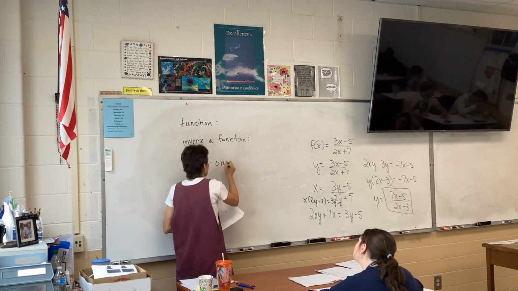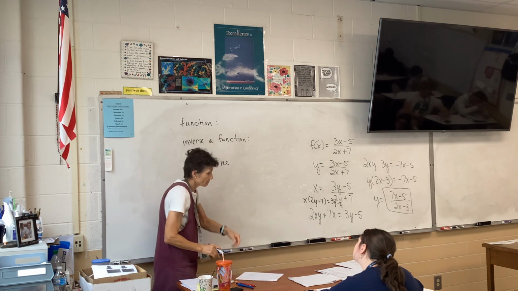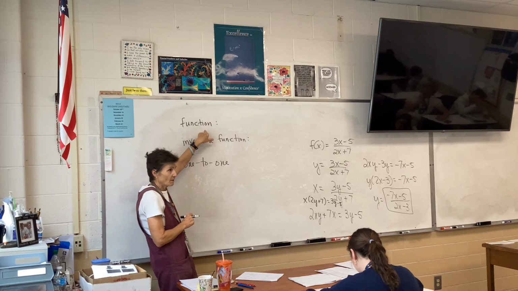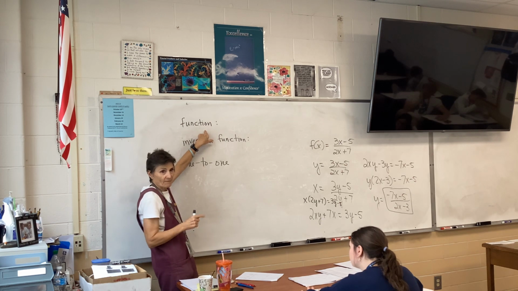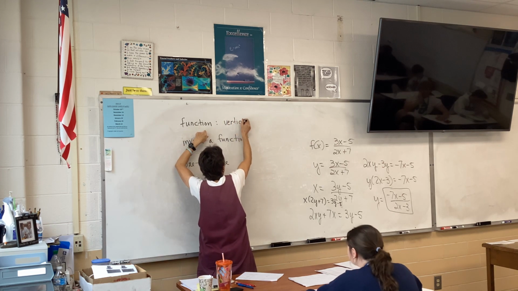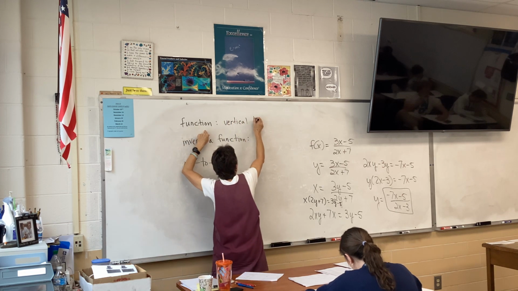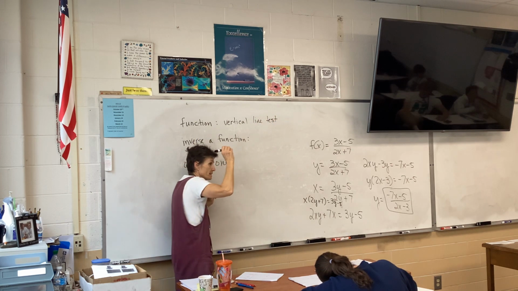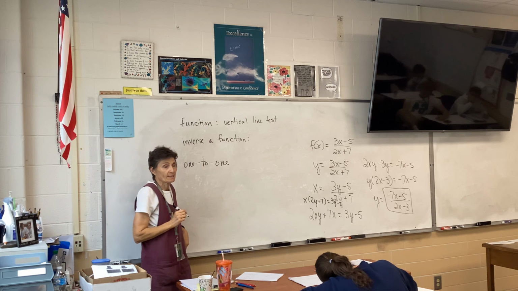So, let's make a little note. You already know how to tell if something is a function or not. How do you tell if that picture is a function? Vertical line test. So to tell if the original is a function, we use the vertical line test. Some people call it VLT. I'm fine with that.